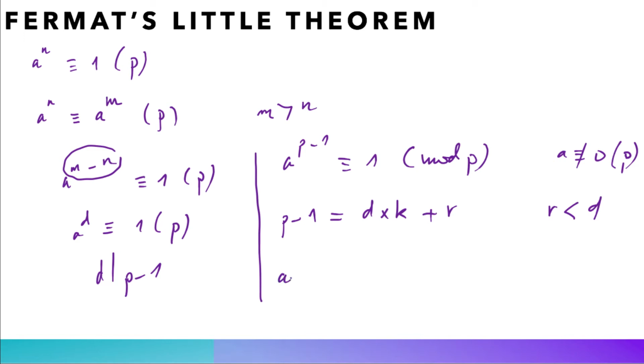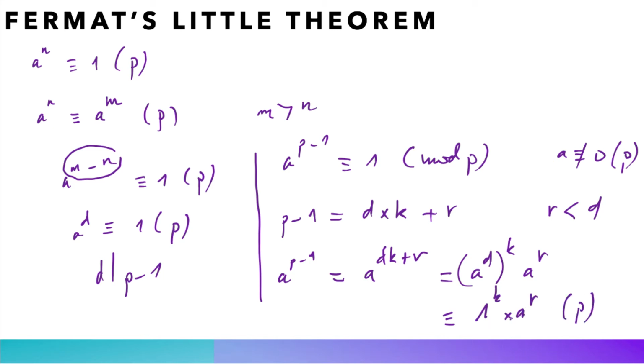Now if you take a to the p minus 1, we get that it is equal to a to the dk plus r, which is the same thing as a to the d, all to the k, times a to the r, and this is congruent to 1 to the k times a to the r modulo p, which means that a to the r is also congruent to 1 modulo p, because a to the p minus 1 is congruent to 1 modulo p. So this is what we get, a to the r is congruent to 1 modulo p, which implies that r must be equal to 0.